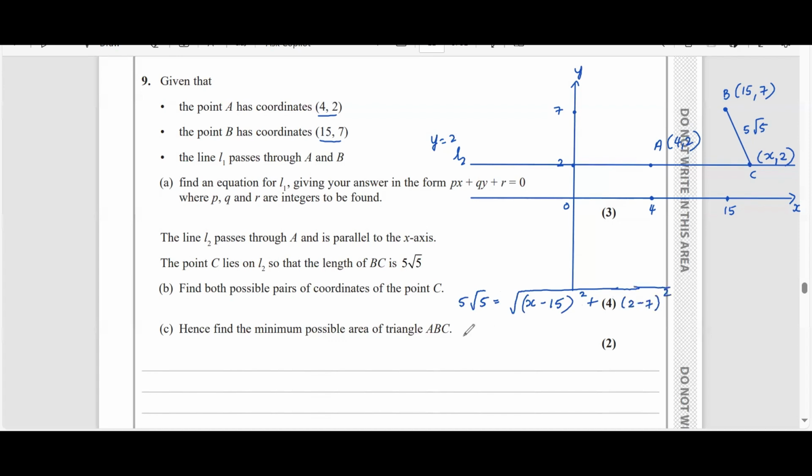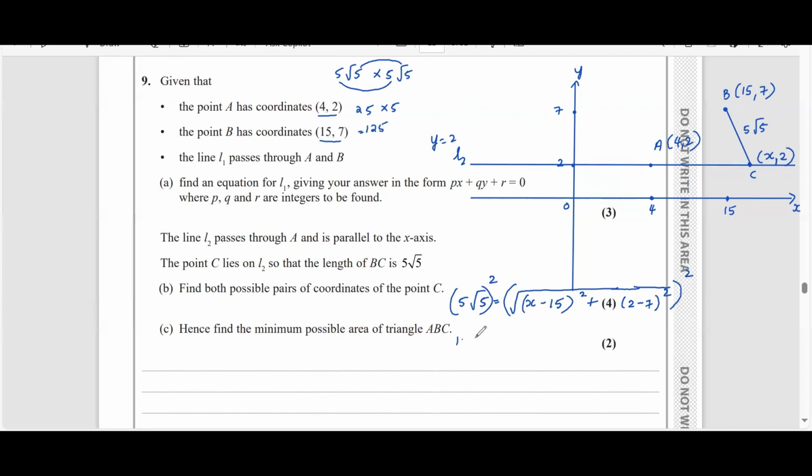I can just square both sides in order to remove the square root. 5 root 5 the whole square is 5 root 5 into 5 root 5. 5 into 5 is 25 and root 5 into root 5 is 5. So 25 into 5 is 125.